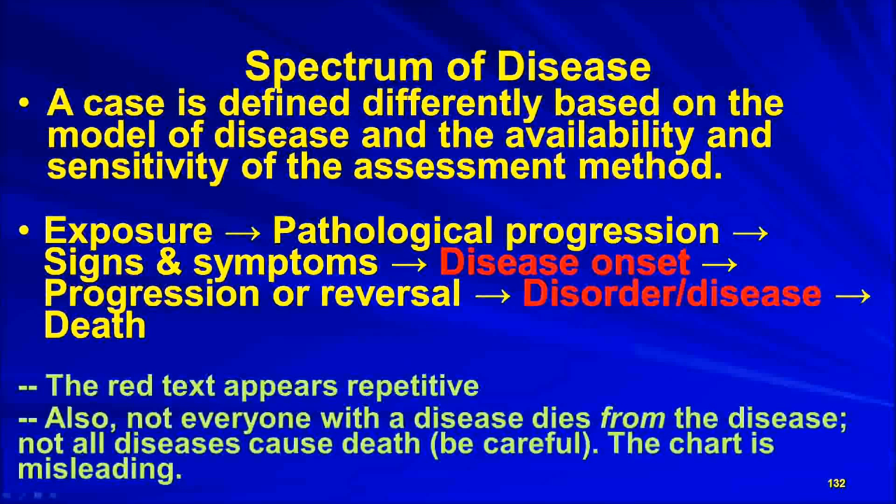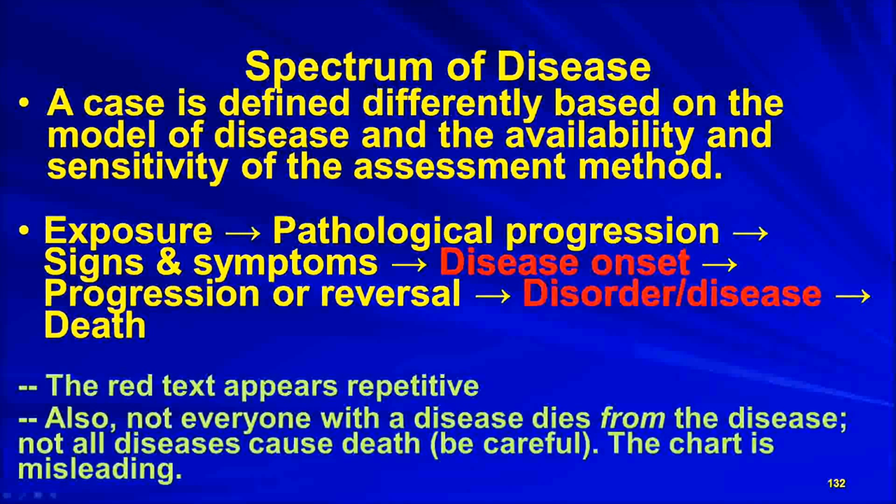So it says here the red text appears repetitive. Don't let that bother you. Also, not everyone with the disease dies from it. So this chart can be somewhat misleading.